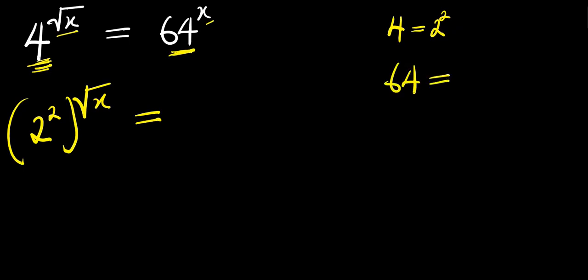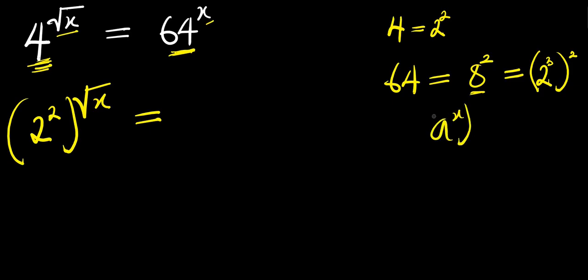You have 64 equals the same thing as 8 to the power of 2. That's 8 times 8. And 8 is the same thing as writing 2 power 3, and this is raised to the power of 2. If you have a power x to the power of y, this means you have a power x times y.